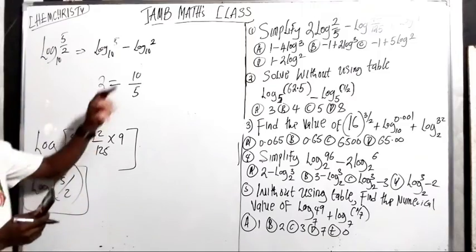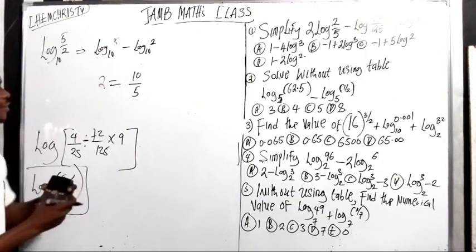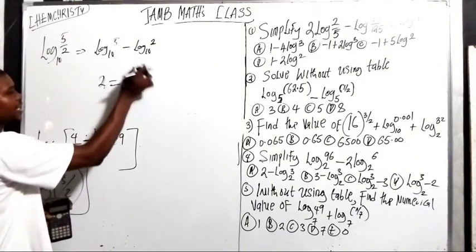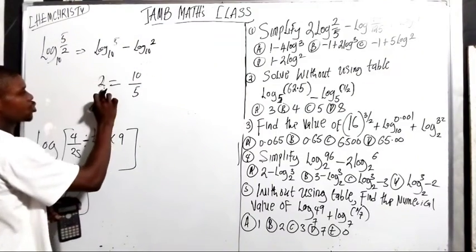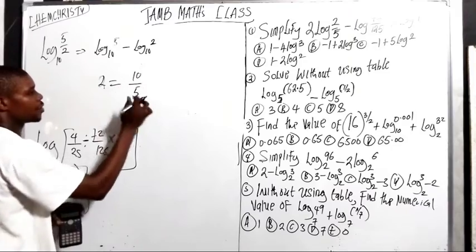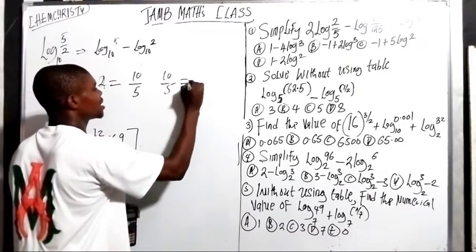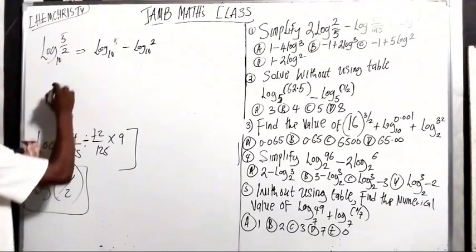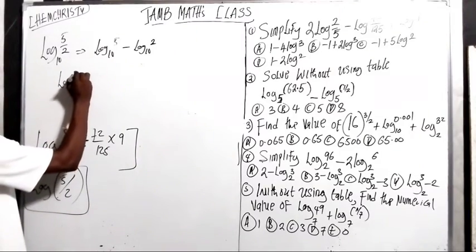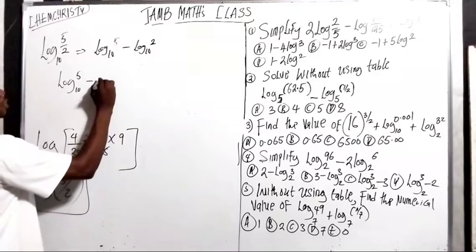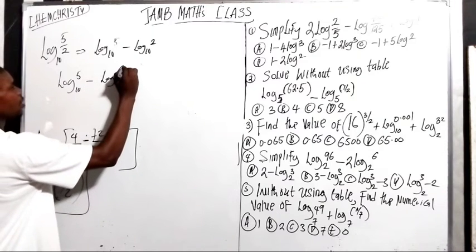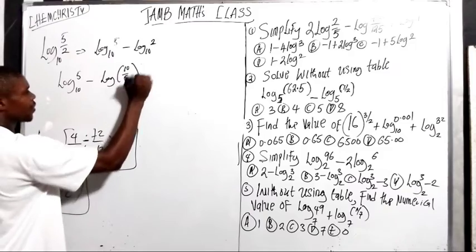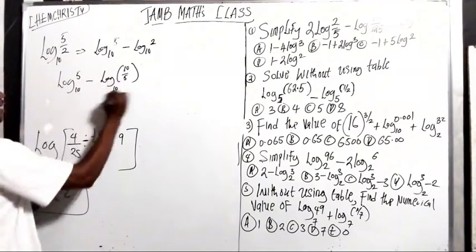So whenever I see 2 here, because here we have 5, I can also say 10 divided by 5 is taken as 2. So this is what I'm going to do. It's now going to be log 10 of 5 minus log of 10 over 5. So now let's break this one down.